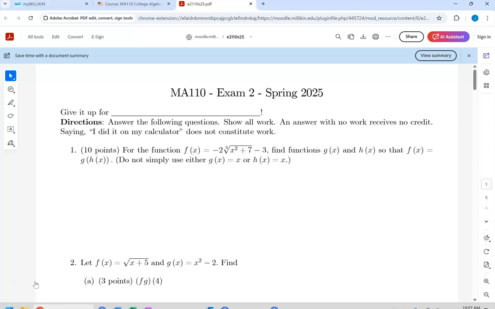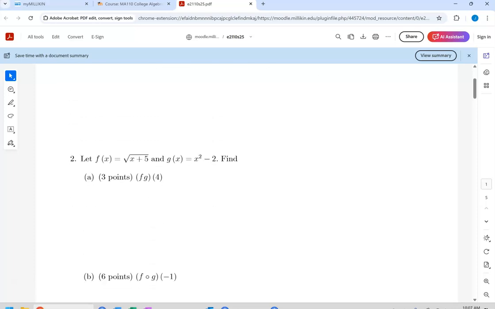The next one is just doing your function arithmetic stuff. When I just write f times g here, that means multiply, right? So you would plug 4 into f, you would plug 4 into g, and you would multiply the 2 answers. Versus when I write the f circle g, that's composition, right?